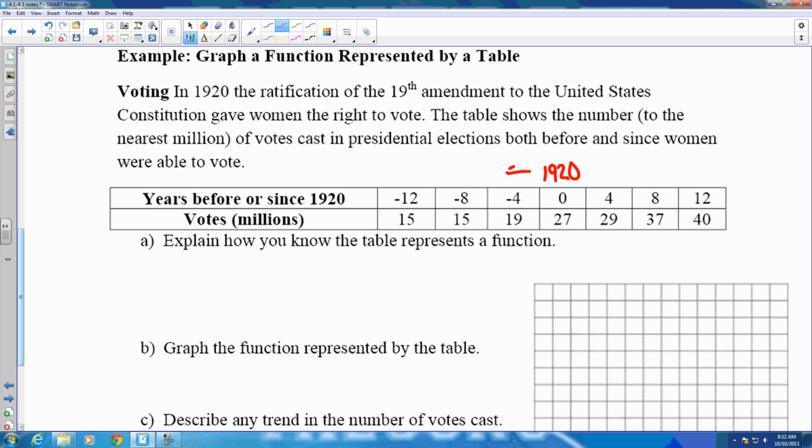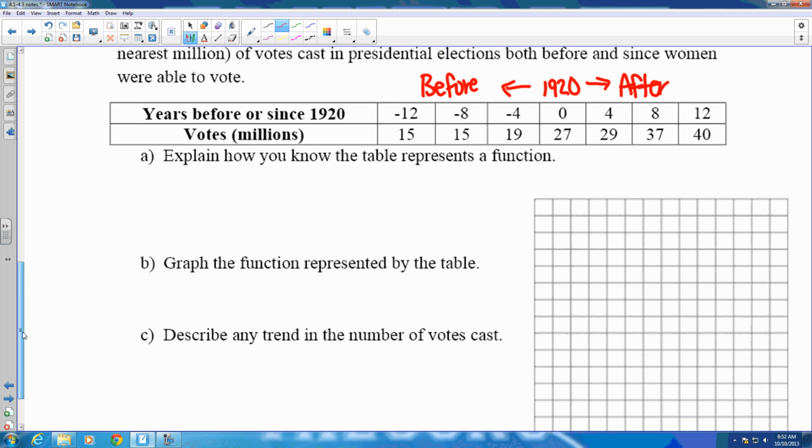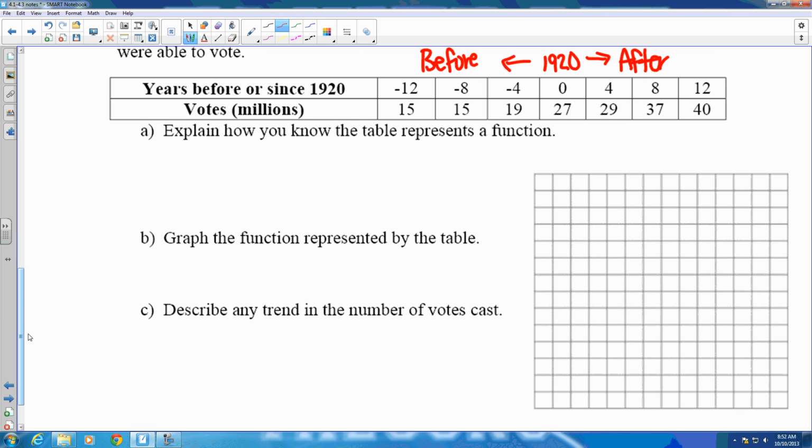So this was before women were given the right to vote, and to the right is after women were given the right to vote. Explain how you know the table represents a function. Well, we talked about functions in chapter 2, and we have to look at the inputs and the outputs. The year is the input, and the number of votes is the output.